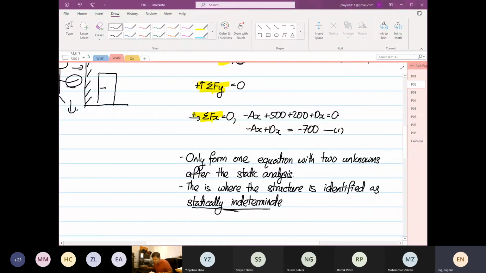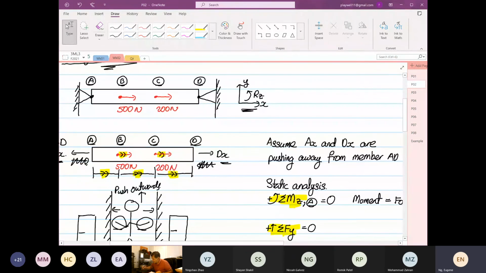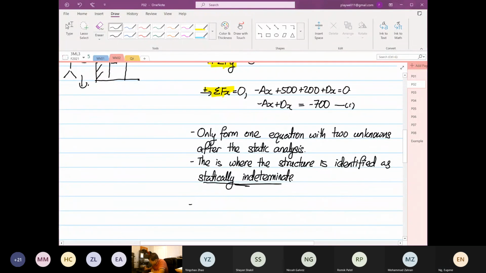So to solve a problem like this, we must employ elastic deformation to solve the problem.